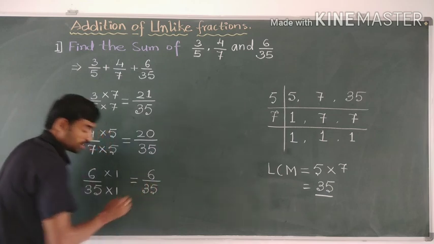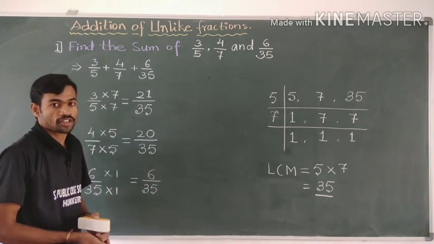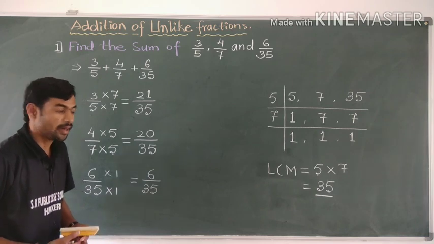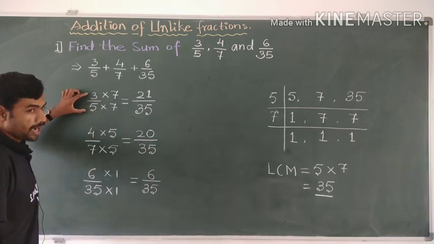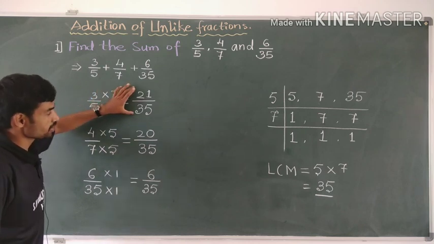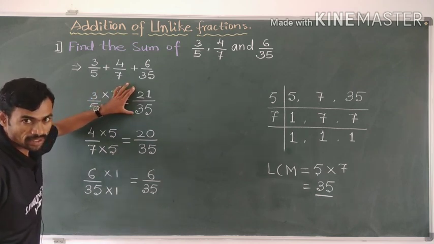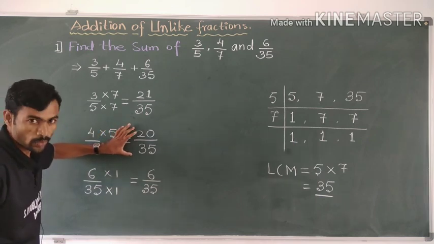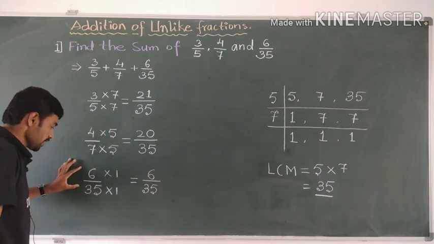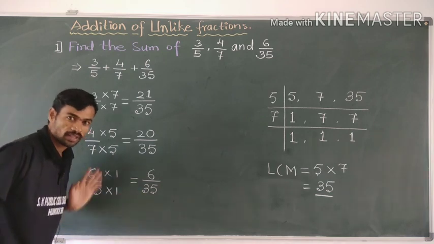Now look at the new fractions obtained from these fractions. 3 by 5 can be expressed as 21 by 35. Next, 4 by 7 can be expressed as 20 by 35. 6 by 35, 6 by 35.